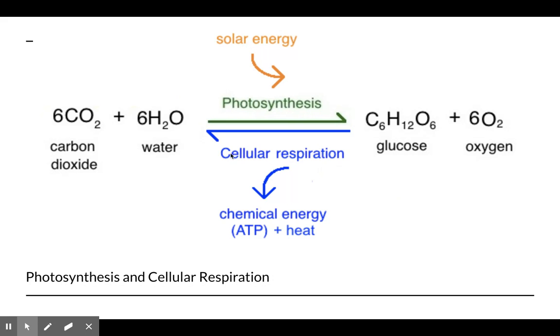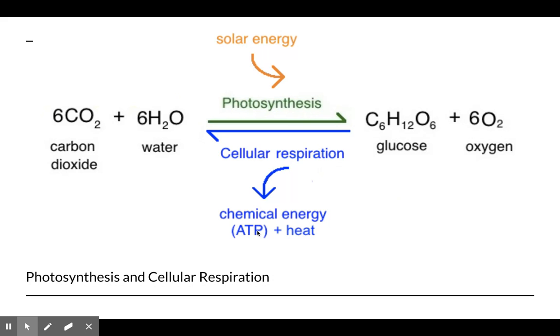There is a reverse process called cellular respiration, which is exothermic. This is where humans do this as well. We can't do the photosynthesis part, but plants do both photosynthesis and cellular respiration. Humans just do the cellular respiration. We eat glucose. Plants use it because they've made it. We breathe in oxygen.